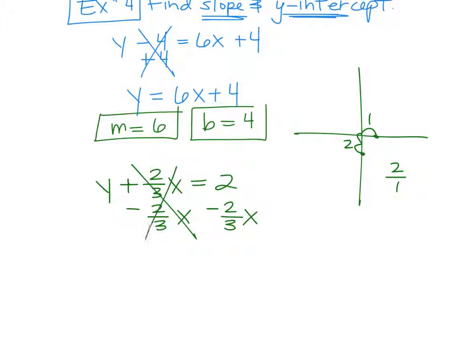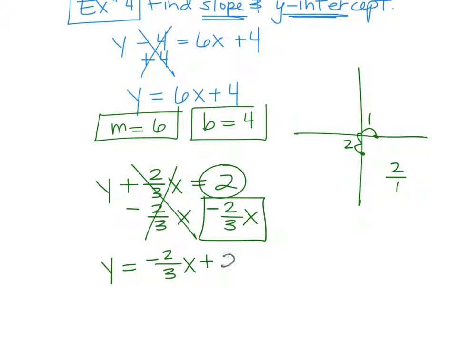So this is gone. Now here's the deal. Technically, 2 minus 2/3 x is not wrong, but it's going to look different. So what I always do is I keep the negative 2/3 x at the beginning. And then is it plus or minus 2? Plus, because this is a positive 2.